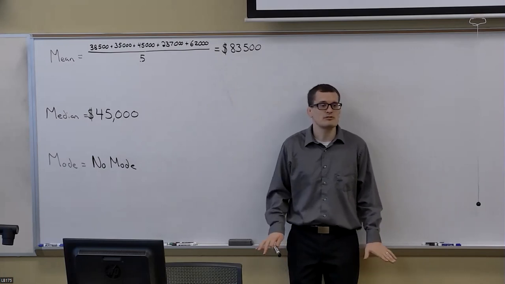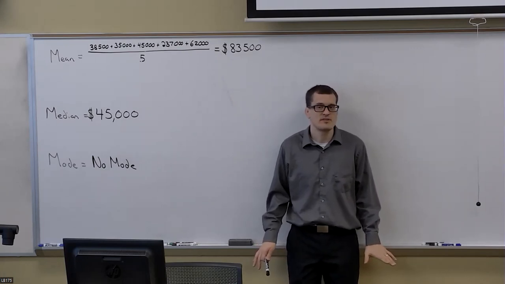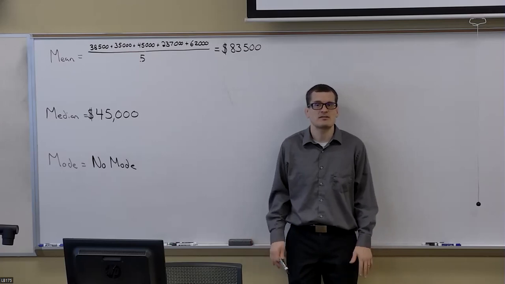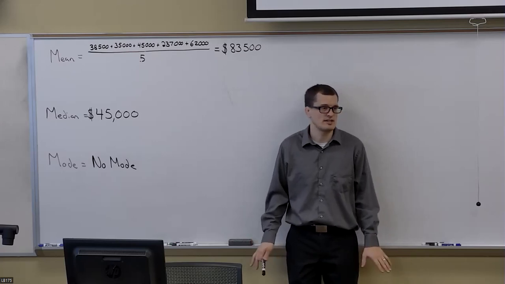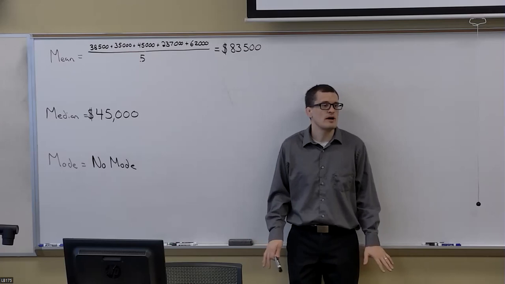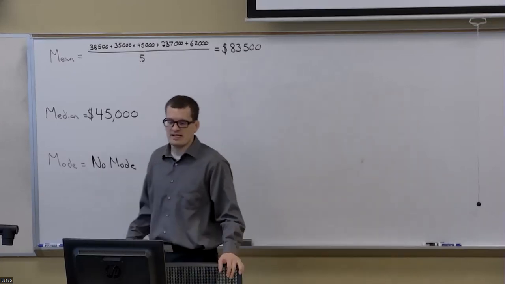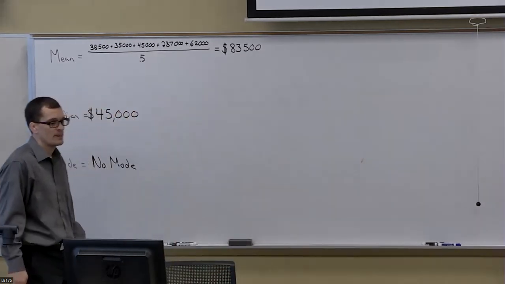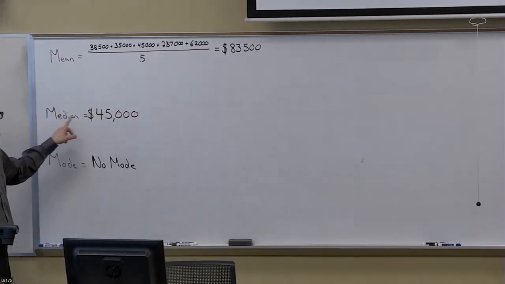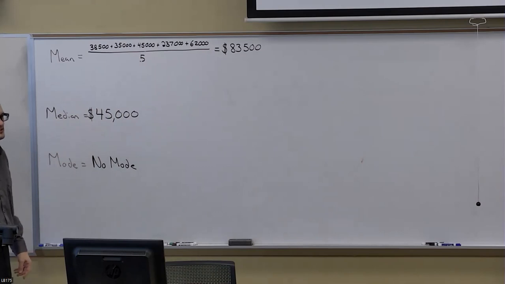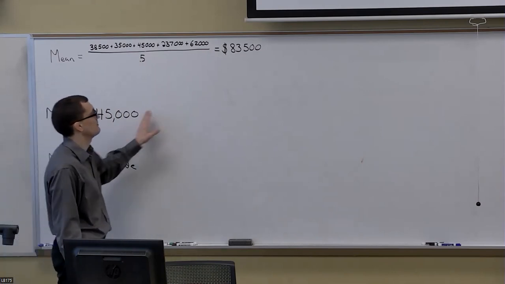If I told you at this company, the mean salary is 83,500, you come away with a different impression than if somebody else said the median salary is 45,000. Again, those 2 numbers are very different.